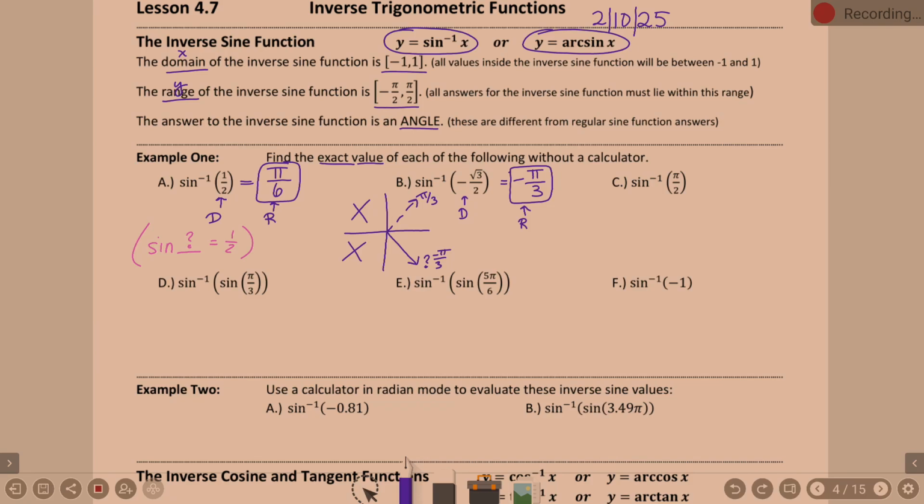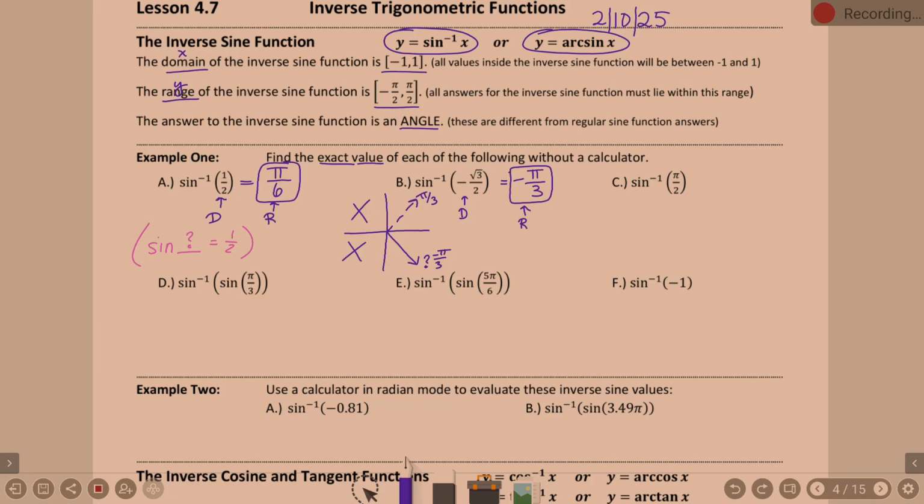Questions I can answer there? Okay, how is it acceptable? Isn't it in between negative pi over 2... because negative pi over 3 is in between. I'm looking at 1 and 1. Okay, gotcha. You were looking at domain instead of range. Fair enough.